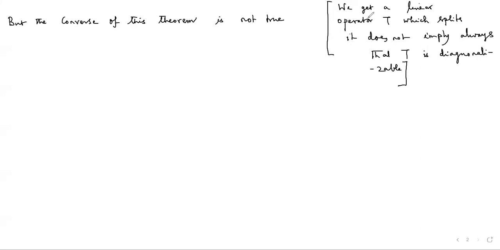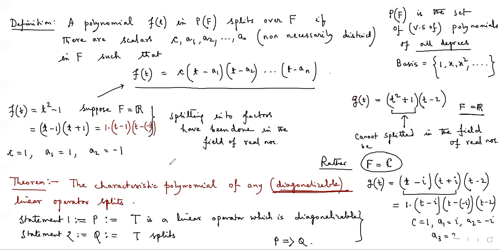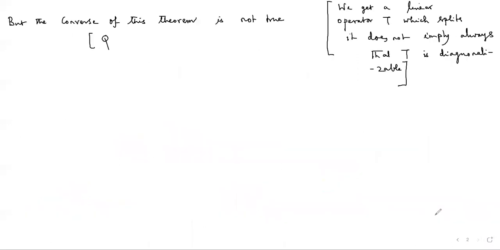We'll try to understand this particular logic with the help of a problem. So the statement that I have written over here, if P implies Q, it is true, but Q implies P is not always true. It is not in general true.